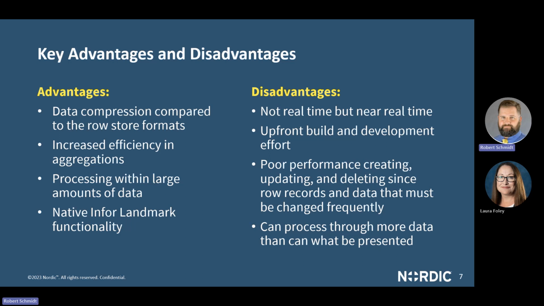This next bullet, poor performance, creating, updating, deleting singular row data and data that must be changed frequently. What we're talking about here is if I'm doing updates to data, am I making changes to data? If I'm doing stuff in a more real-time format and more singular row format, right?